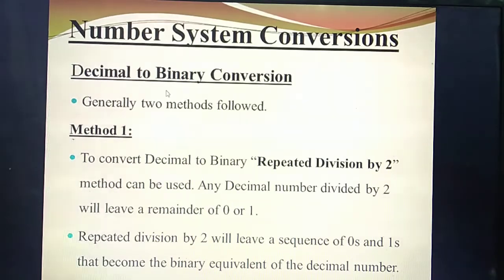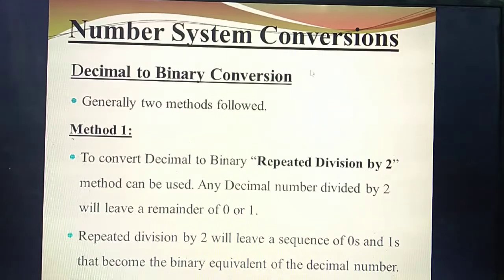Based on that, you need to decide. Whichever number format they ask you to convert to, you divide the given number by that format's base value. So here, what's the base value of binary? 2. So you should divide the given number by 2.